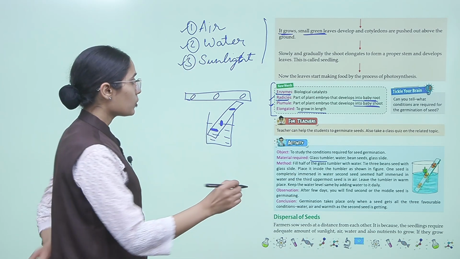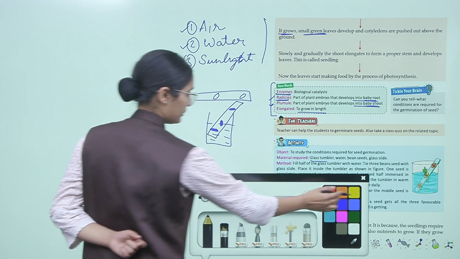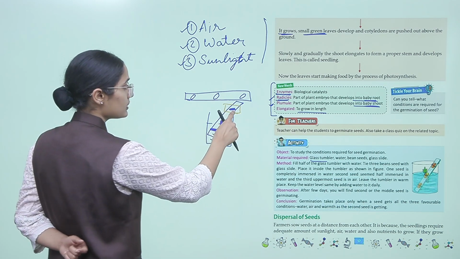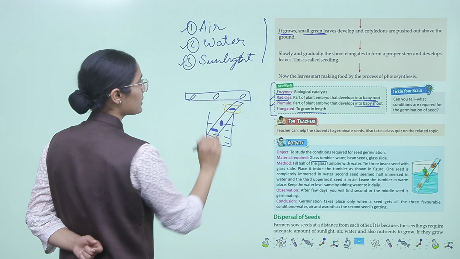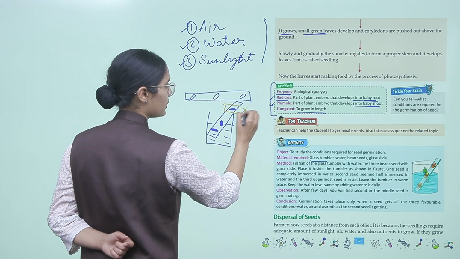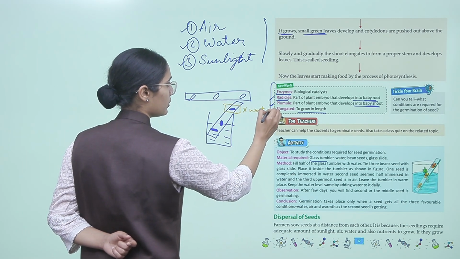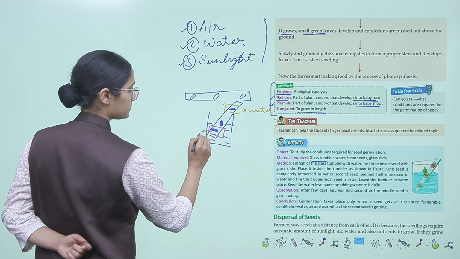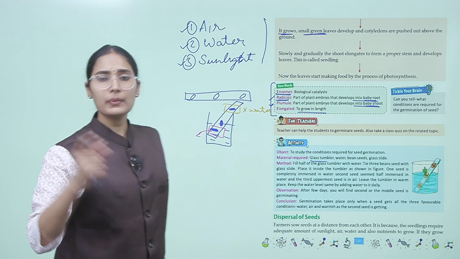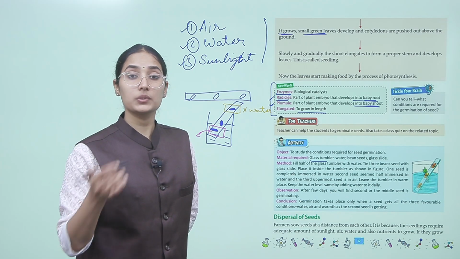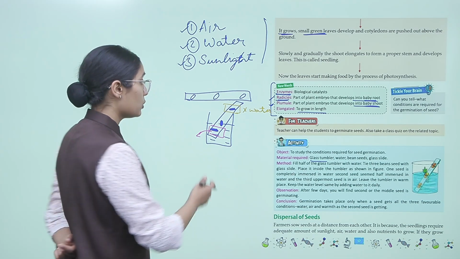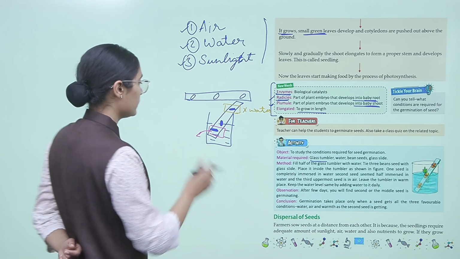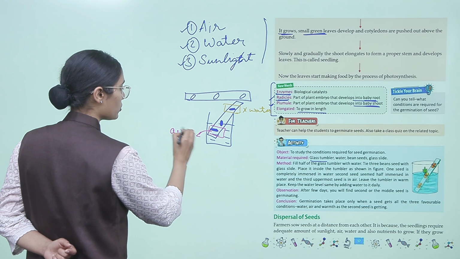If we talk about this seed, which was in the air, it was getting the air, getting the sunlight, but no water. If we talk about this one, it was getting an ample amount of water, it was immersed in water, it was also getting some amount of sunlight, but there was no air. So air was not there.